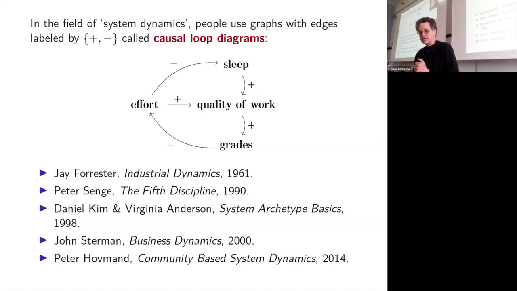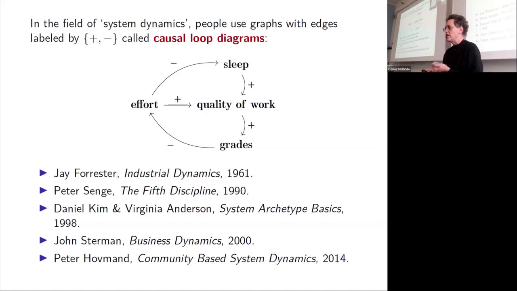Peter Senge introduced some of these ideas as a kind of tool for people advising companies to improve their organizational structure in this book called The Fifth Discipline, which was quite influential.